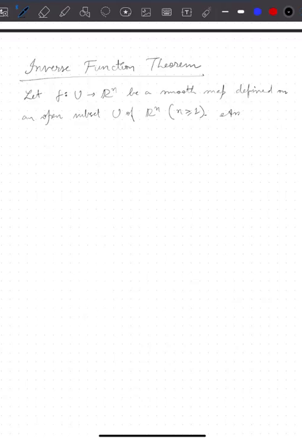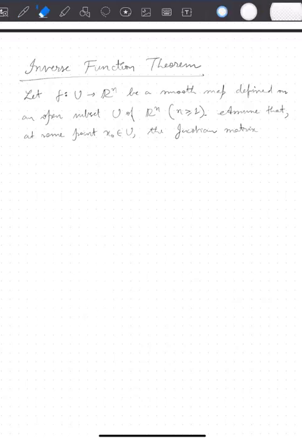So assume that at some point x0, an element of U, the Jacobian matrix J of f is invertible.